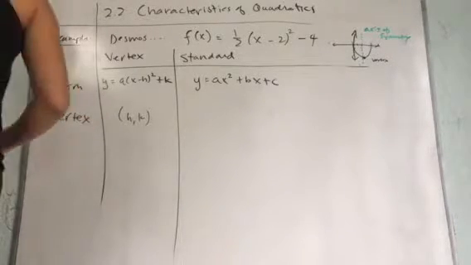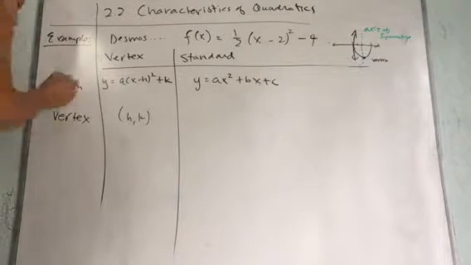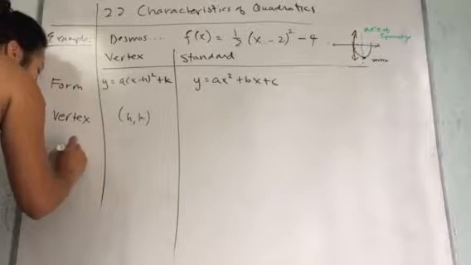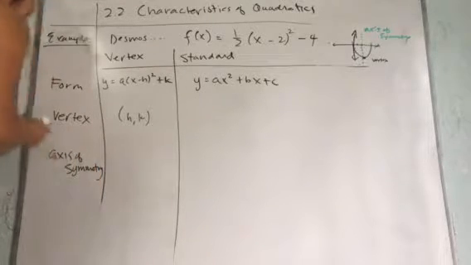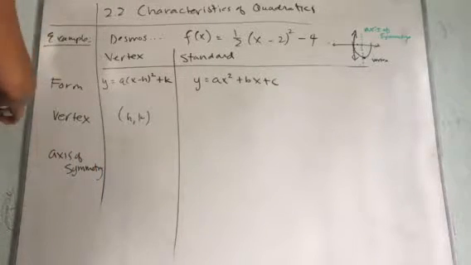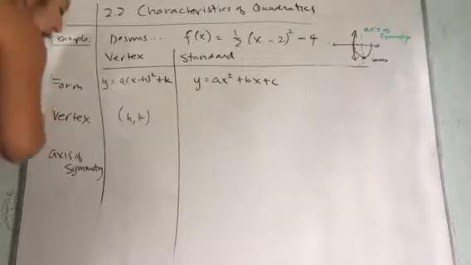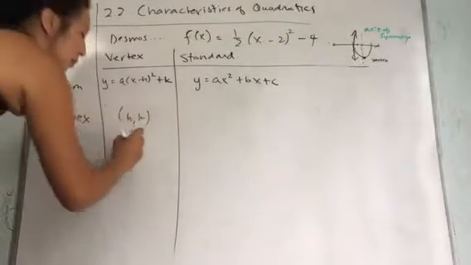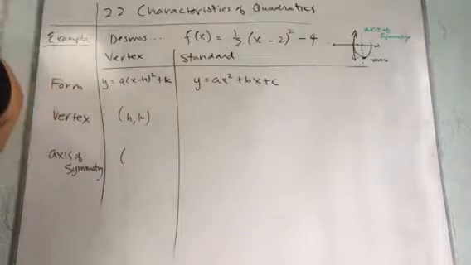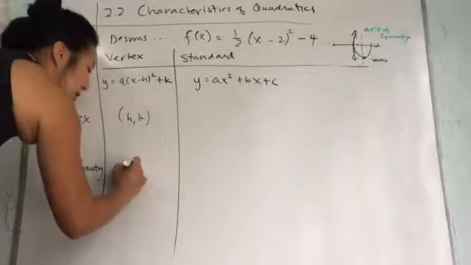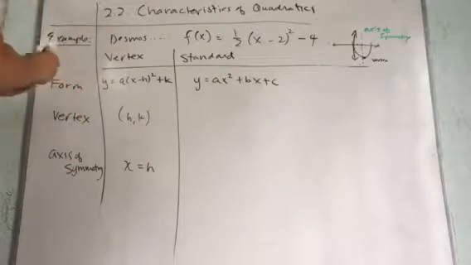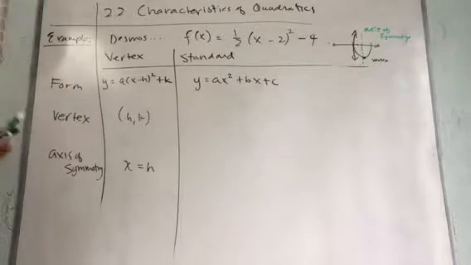And so therefore, if you wanted to find the axis of symmetry, the axis of symmetry is going to be at x is equal to h. Okay, so I'm going to stop here for a second.